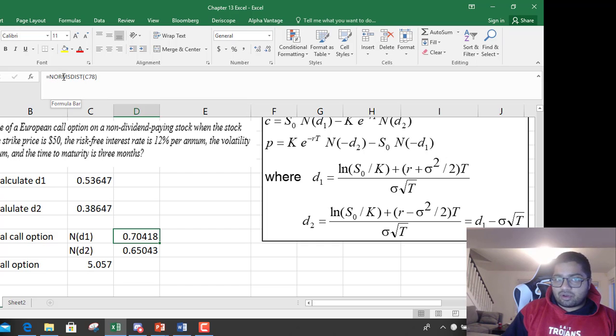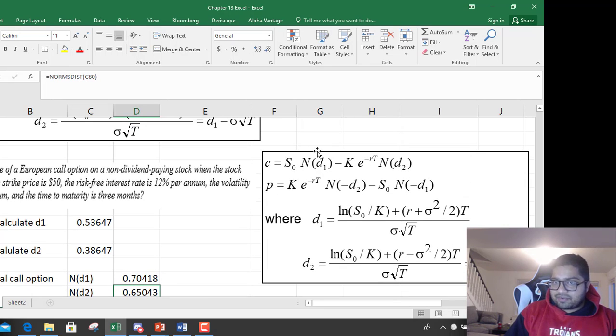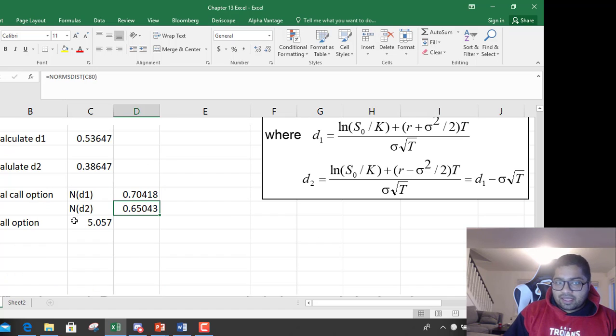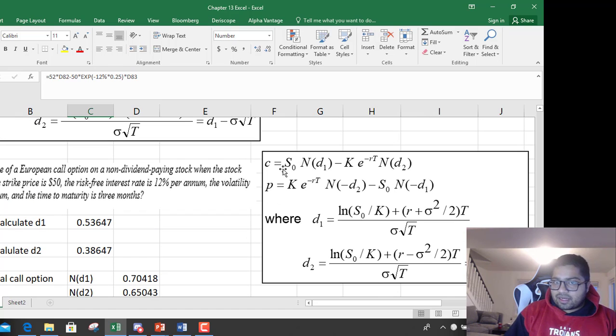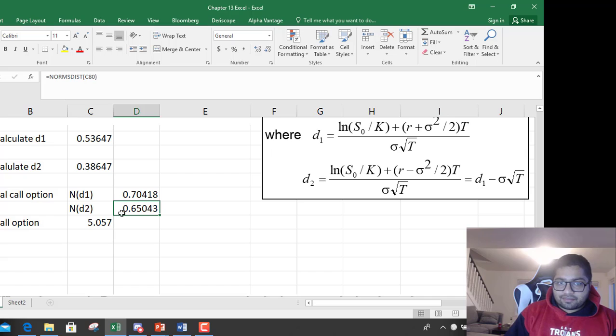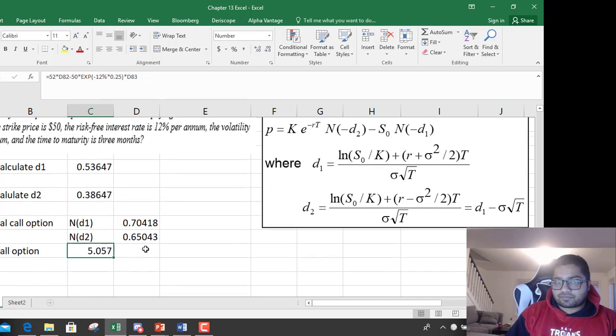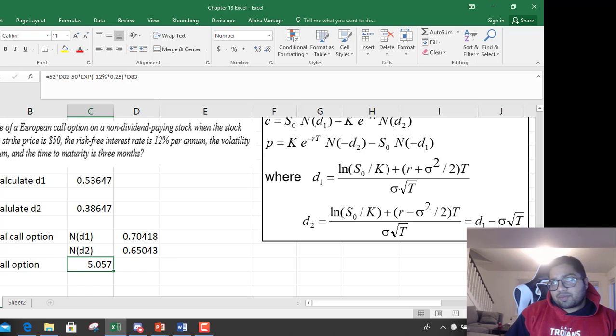So I use NORM.S.DIST of D1 and NORM.S.DIST of D2. So I found out N(D1) and N(D2). Then use this formula: S0 into N(D1) minus K e to the power minus RT times N(D2). So that is call option price.